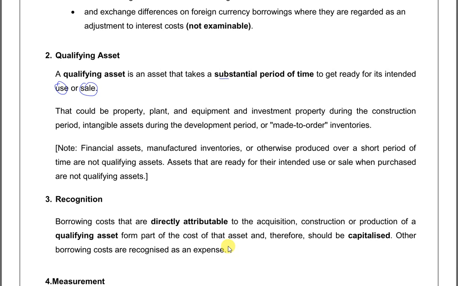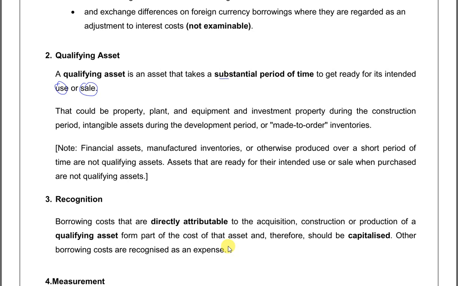One example, I construct my machinery. I'm going to incur material costs, labor costs, overhead costs, and I capitalize them because I built my own machine. Or tables and chairs, let's say. I build my own tables and chairs, and it's a very big one. It takes years or months.